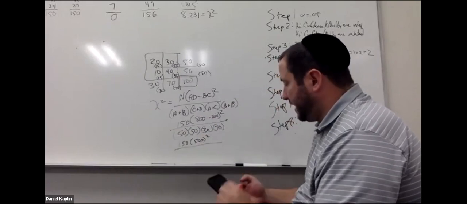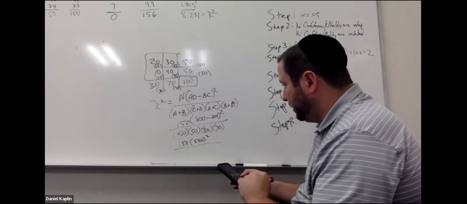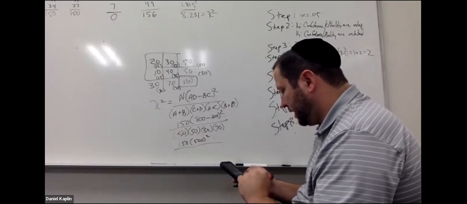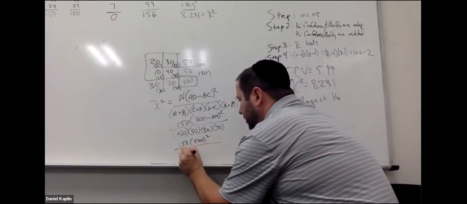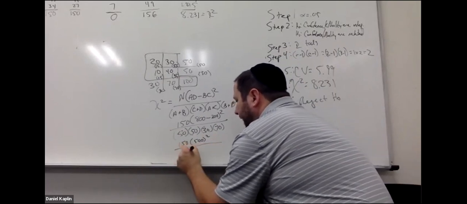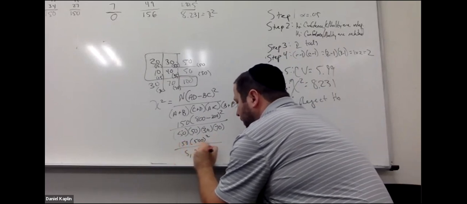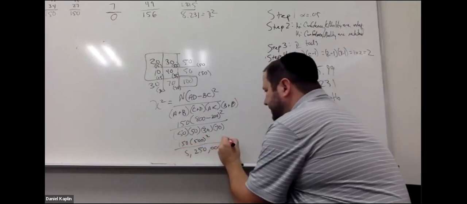So let's see what we get. So 50 times 50 times 30 times 70 gives us a denominator of 5250.